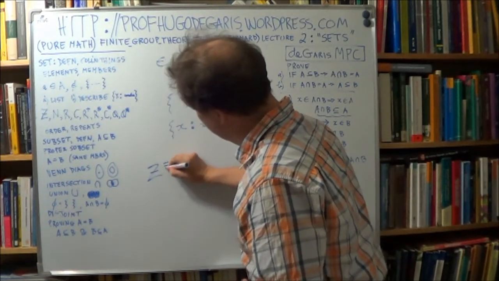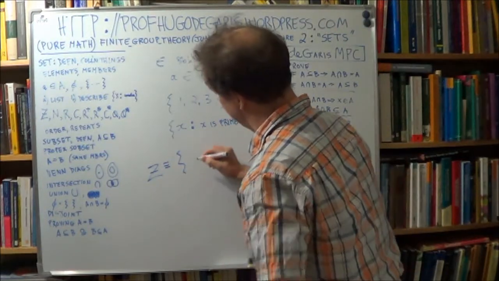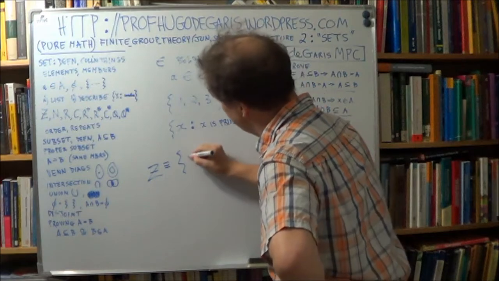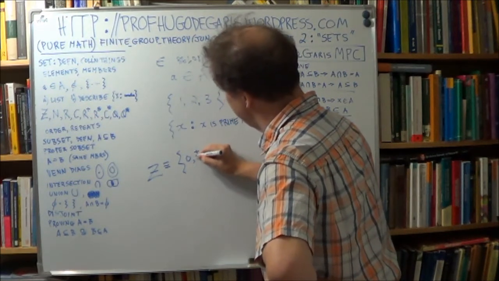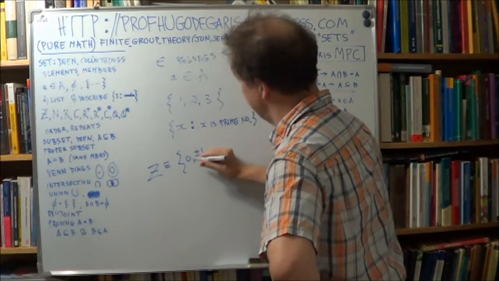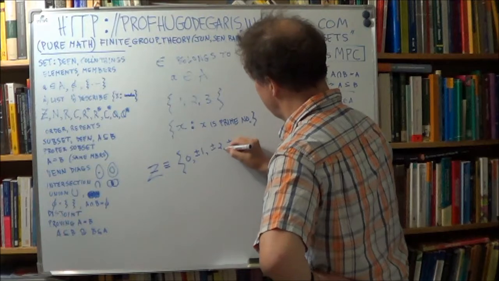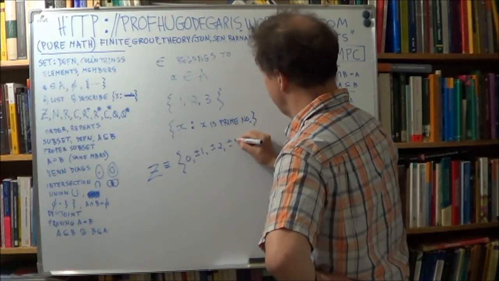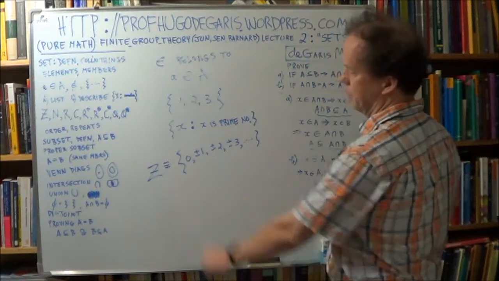So Z by definition, if I have 3 bars like this, I'm defining something. So Z is the set of all integers, so positive or negative integers. So 0, plus or minus 1, plus or minus 2, plus or minus 3, and so on.